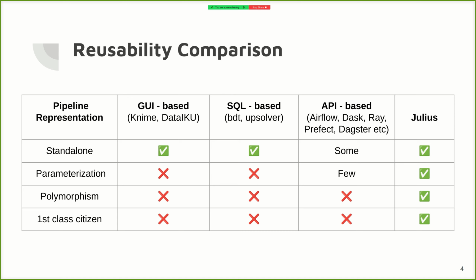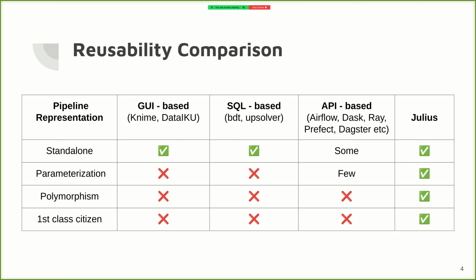Even though Python itself supports polymorphism and first-class functions, it doesn't mean that the resulting pipelines are polymorphic or first-class citizens. This is an important distinction to make, because here we're talking about the sharing and reusability of pipelines, not functions. Therefore, the pipelines themselves need to be polymorphic and first-class citizens.